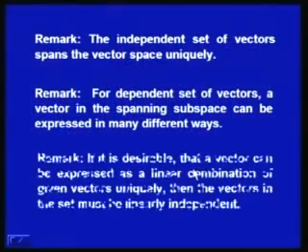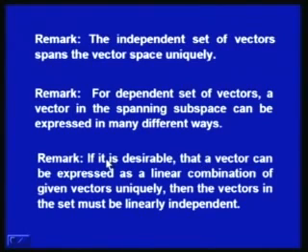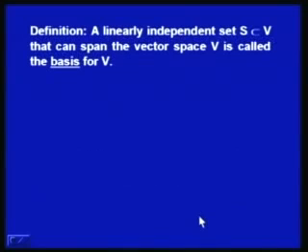So this is another remark. And finally, if it is desirable that a vector be expressed as a linear combination of given vectors uniquely, then the vectors in the spanning set must be linearly independent. So, this is the observation.